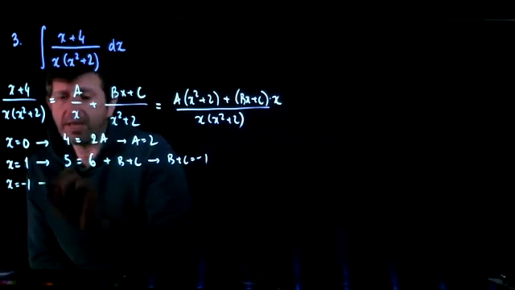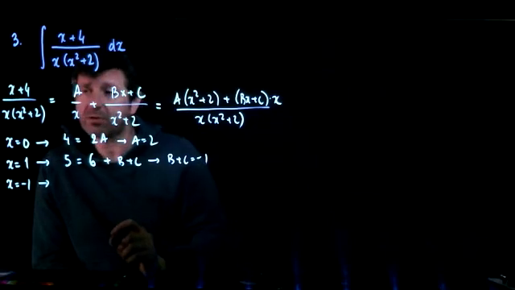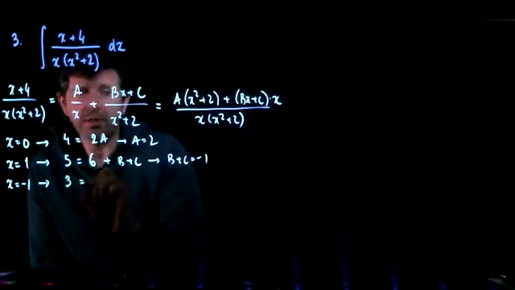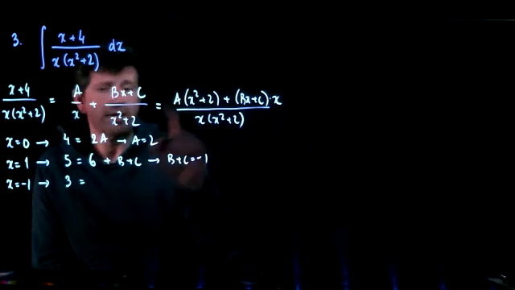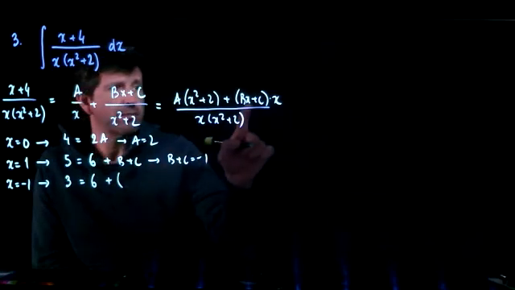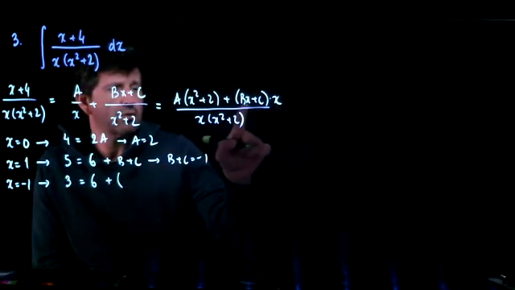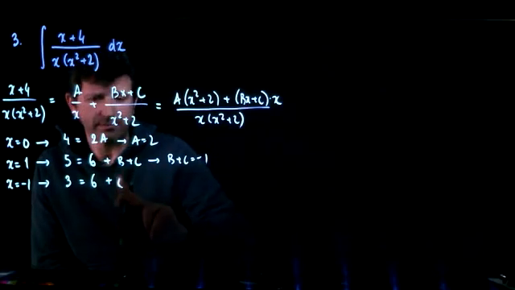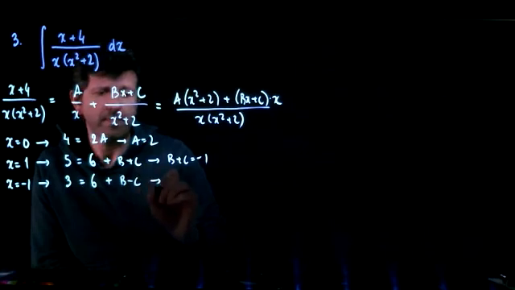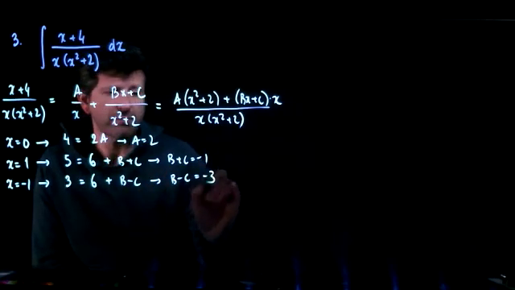Now let's plug in x equals -1. I chose -1 randomly, just an easy value. -1 plus 4 is 3, which is equal to, if I plug in -1 here again, I get 6, plus, if you plug in -1 in the x, you will get b minus c. And so b minus c is equal to -3.